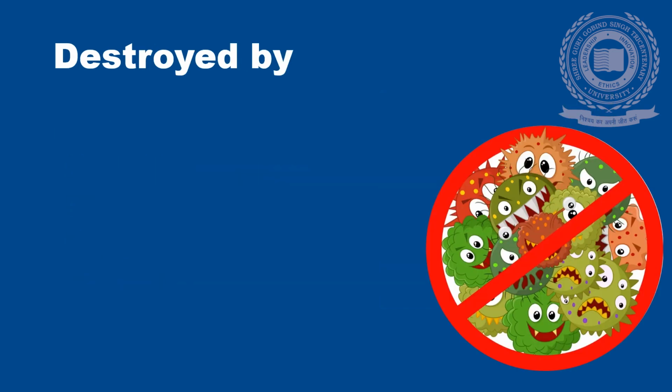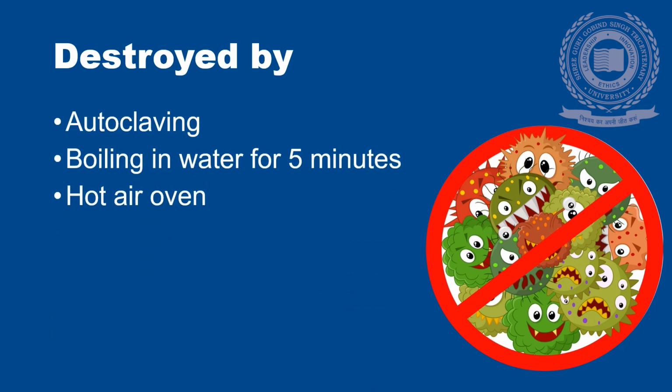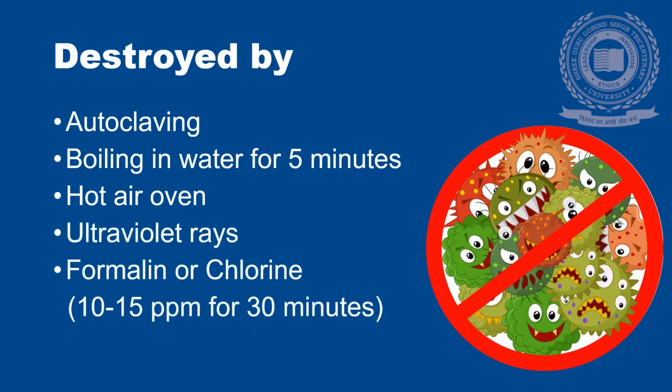While it can be destroyed by autoclaving, boiling in water for 5 minutes, sterilizing through hot air oven, ultraviolet rays, formalin or chlorine with a concentration of 10 to 15 ppm for 30 minutes.